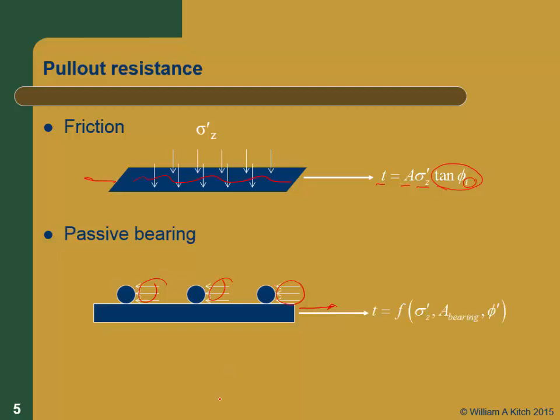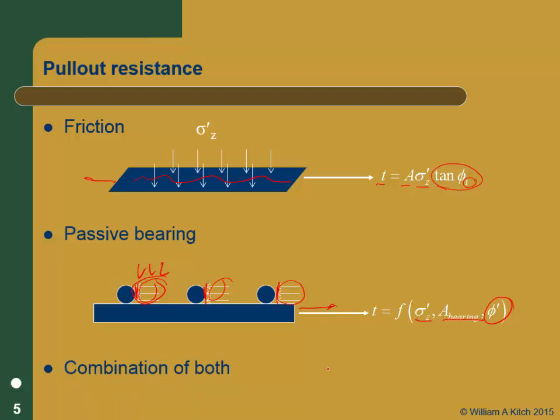So in that case, and we talked about this last time, the horizontal bearing is going to be a function of the vertical effective stress, because the vertical effective stress here is going to provide confinement to the soil there and obviously increase the horizontal bearing capacity. It's going to be a function of the area that's actually exposed to bearing along each of the elements, and then obviously a function of the internal angle of friction. And it's fairly complicated, and we'll talk about that in just a minute.